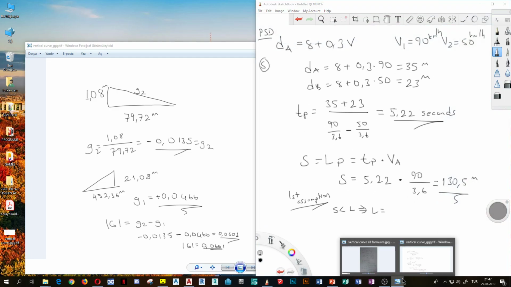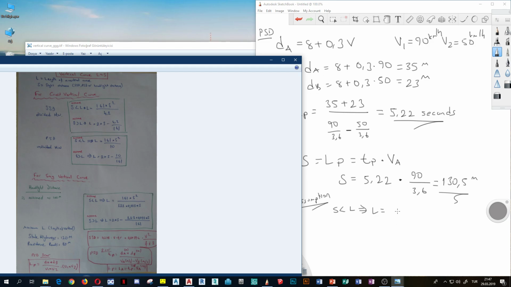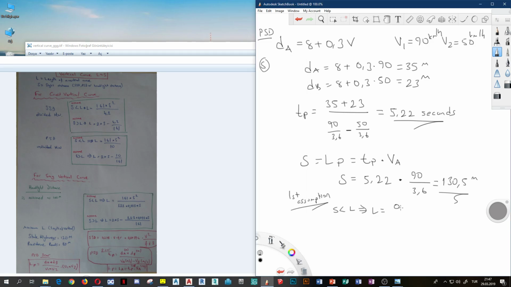The formula is here: 0.0601 times S squared divided by 10. Yes, what is the value? L is, with the calculator, times S squared divided by 10.